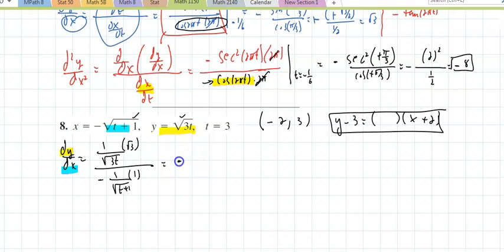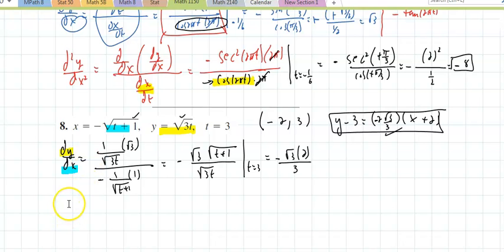So that's going to be negative radical 3 times the square root of t plus 1 divided by the square root of 3t. If I evaluate that at t equals 3, I will get negative radical 3 times 2 over 3. So that is 2 radical 3 over 3. Negative. And there's my answer. Done with the equation of a line.